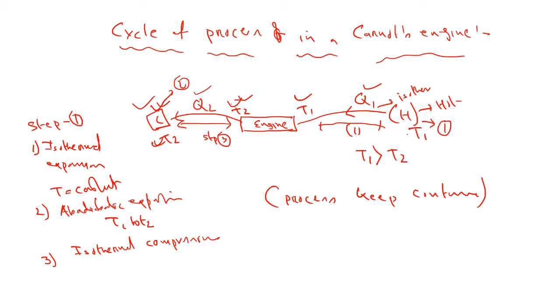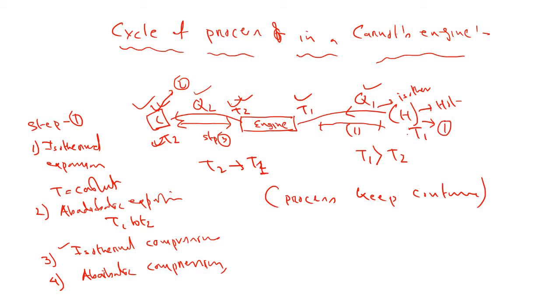So the third process is the isothermal compression, and the fourth is adiabatic compression. Adiabatic compression means it compresses and it is a repeat process. So again it returns from T2 to T1. When I compress anything, its pressure may increase, its temperature may increase.